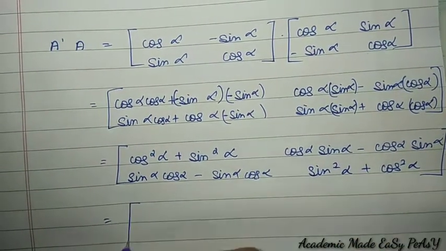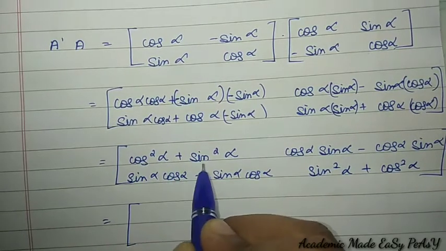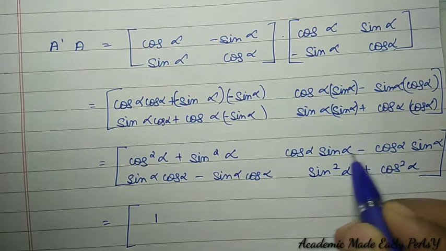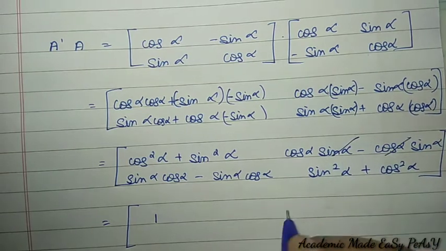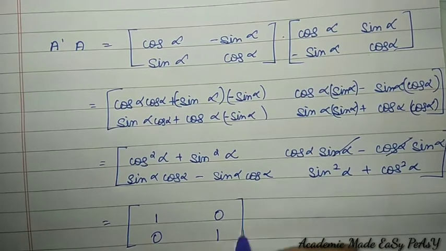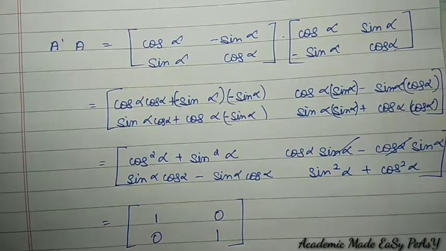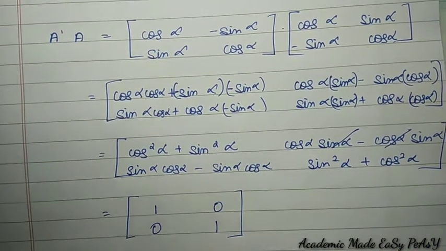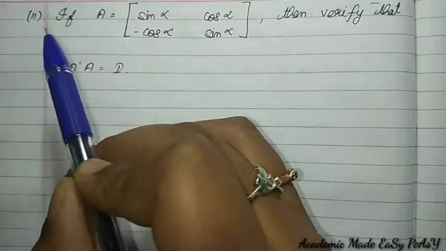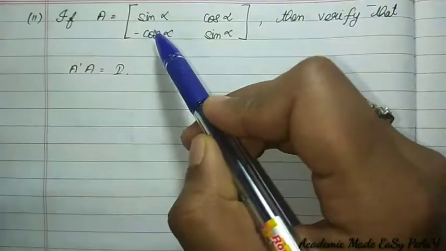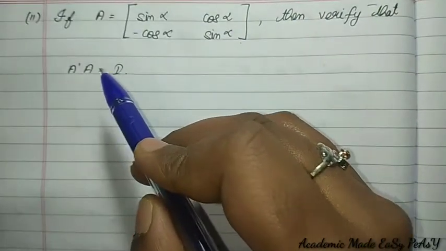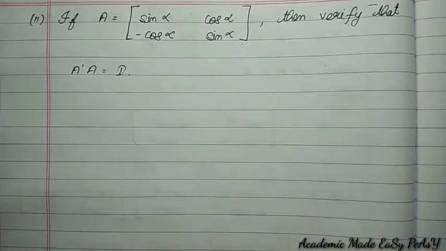So now we know that cos square alpha plus sin square alpha is 1. Here these two are the same, subtraction, so 0. Here it's 0, 1. Sin square alpha plus cos square alpha is 1. So therefore, it is equal to identity matrix. Hence, if matrix A is given, then A transpose into A is equal to identity matrix.